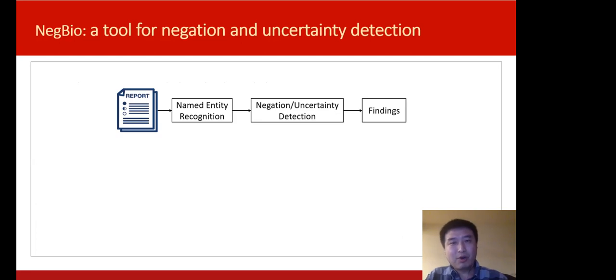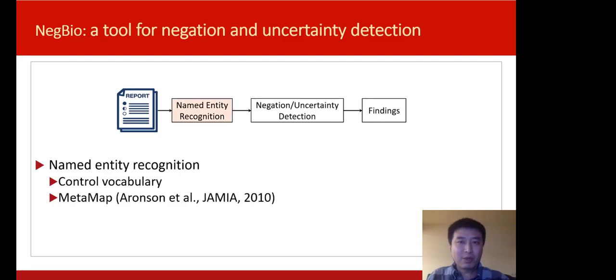Here I want to describe a two-pass approach to achieve this. In the first pass, we use named entity recognition tools to detect findings from the reports. At this stage, we simply extract all findings. We don't care whether they are positive or negative or uncertain. There are many named entity recognition tools that we can use.